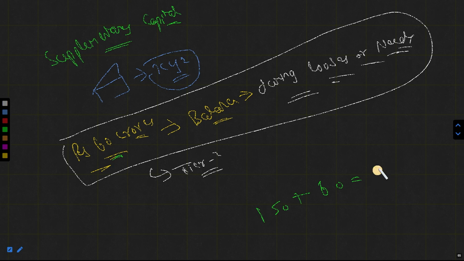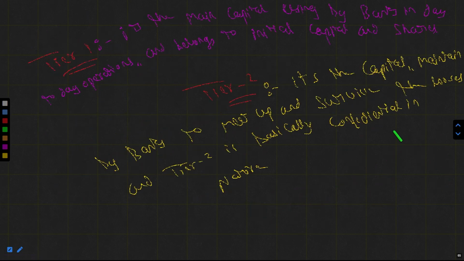So nearly 210 crores will be the total capital available with the bank to meet the daily requirements. All right, so this is how tier 2 and tier 1 capital can be understood. Now I hope you have got the idea.